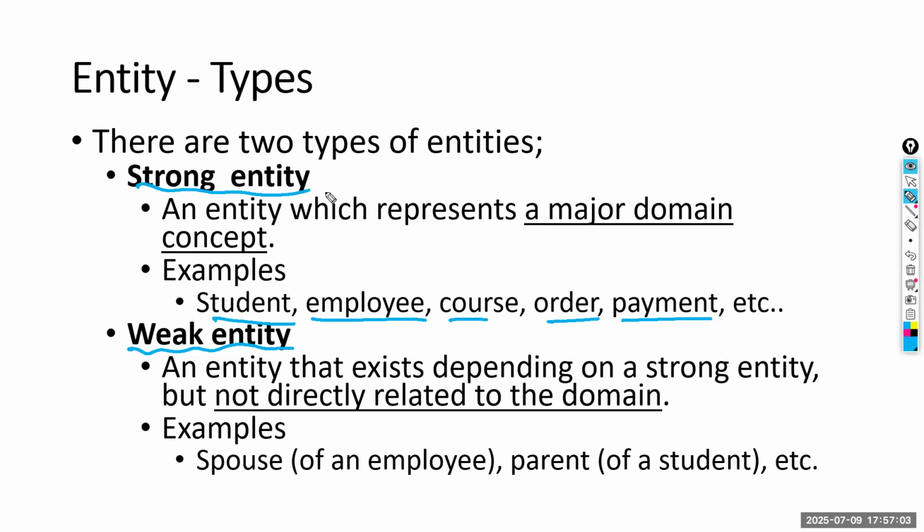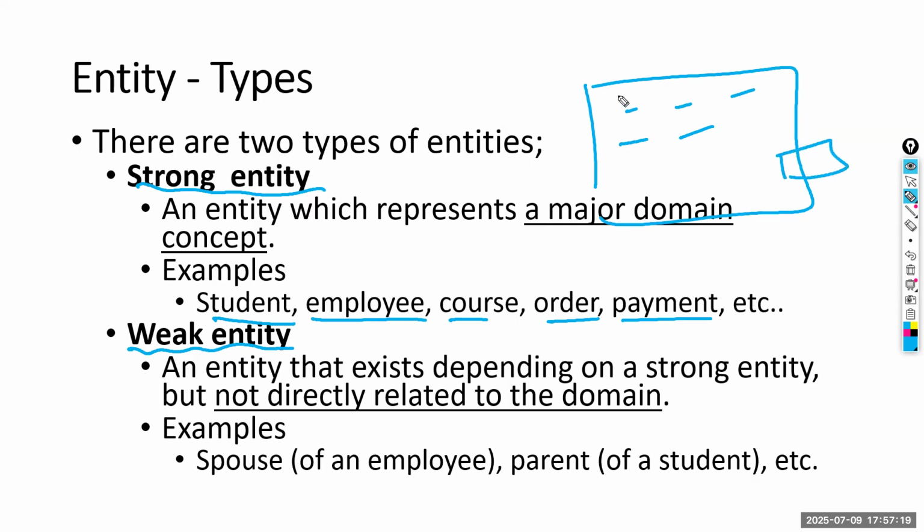For example, in a student management system, of course the major entities are student, teacher, course, payments, registration. But what about the parent of a student?